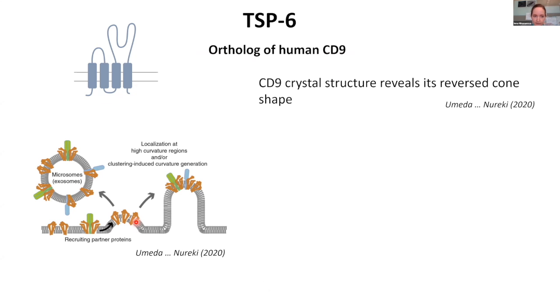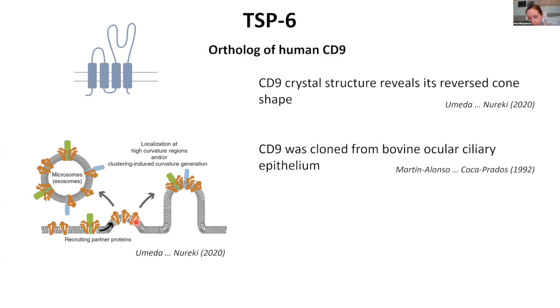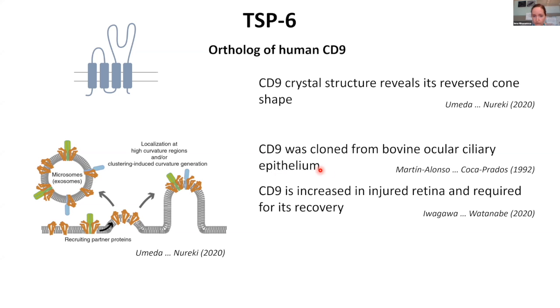And so we also looked for connections of CD9 to cilia function, and we found two reports. The first evidence is that CD9 was first cloned from bovine ocular ciliary epithelium, where rod and cone cilia would be located. The second also speaks to its importance specifically in the retina.